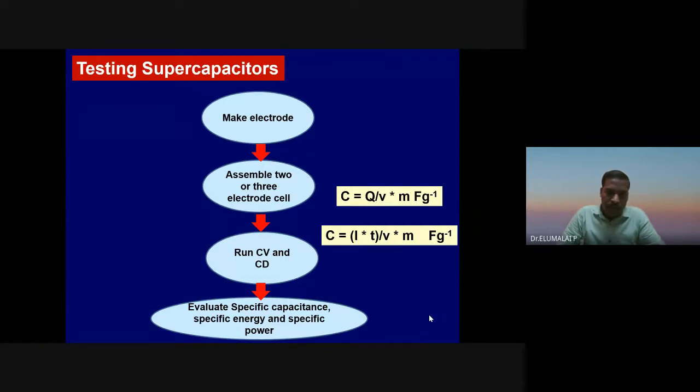Then about 5% binder, PVDF or Nafion, and the remaining maybe 20% conductivity enhancer: super P carbon, petroleum coke, or acetylene black. So all three are in powder form. If you use Nafion, you can convert them into a syrup or paste also.